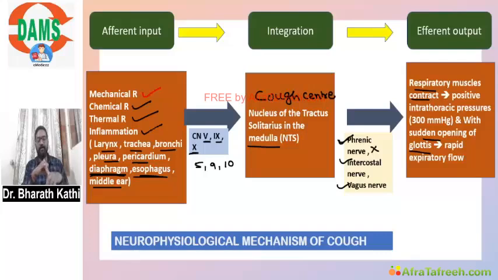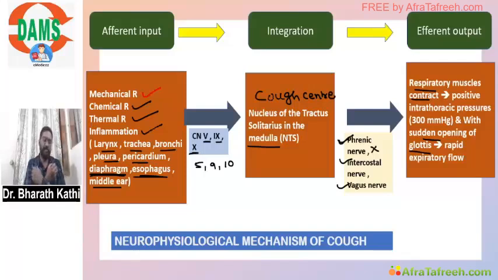So the mechanical receptors, chemical receptors, thermal receptors or inflammatory receptors can get stimulated. Through these nerves 5, 9, 10, it can go into the cough center. From the cough center, the phrenic nerve, vagus nerve and intercostal nerves will come and stimulate your respiratory muscles. So the diaphragm can be stimulated, the intercostal muscles can be stimulated.